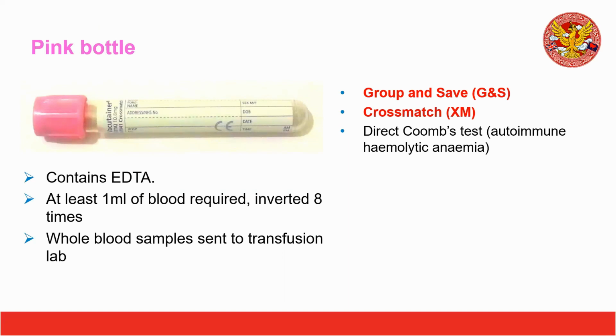The main test you would conduct with this bottle is your group and save, which is grouping the blood group and also checking if there are any antibodies, and finally your cross-match, which looks at whether the donor blood is compatible with the recipient blood. Then there are other smaller tests like the direct Coombs test, which detects autoimmune hemolytic anemia.